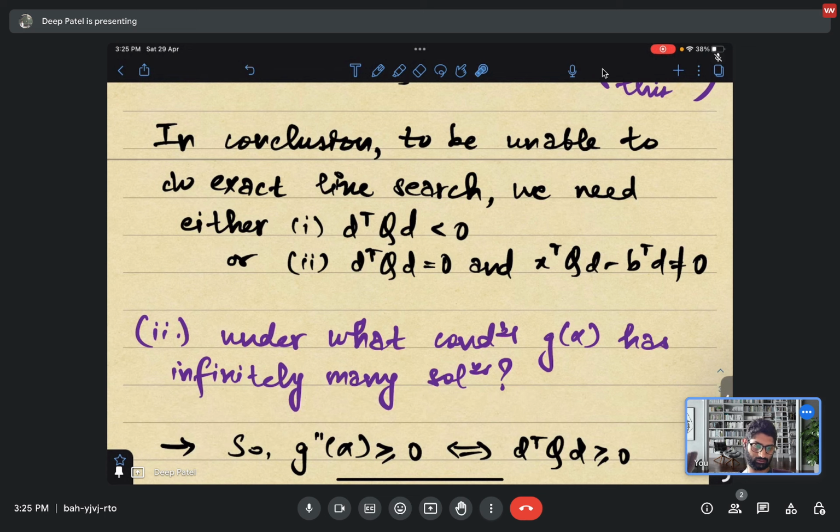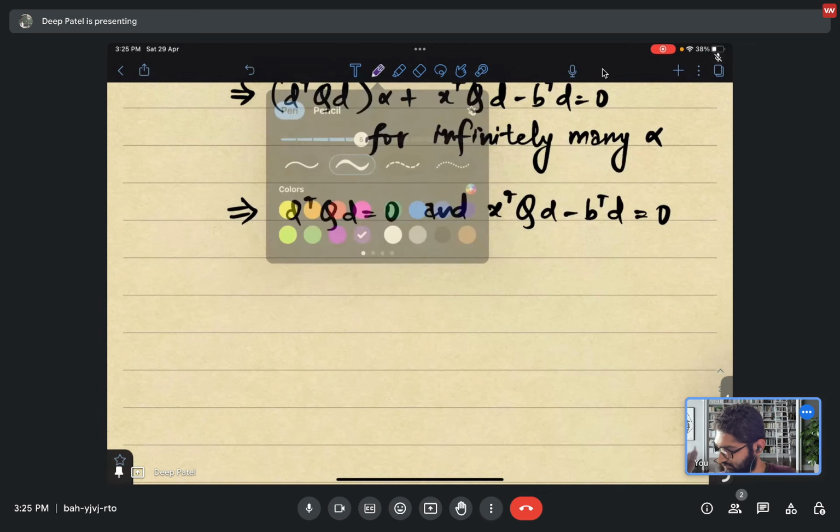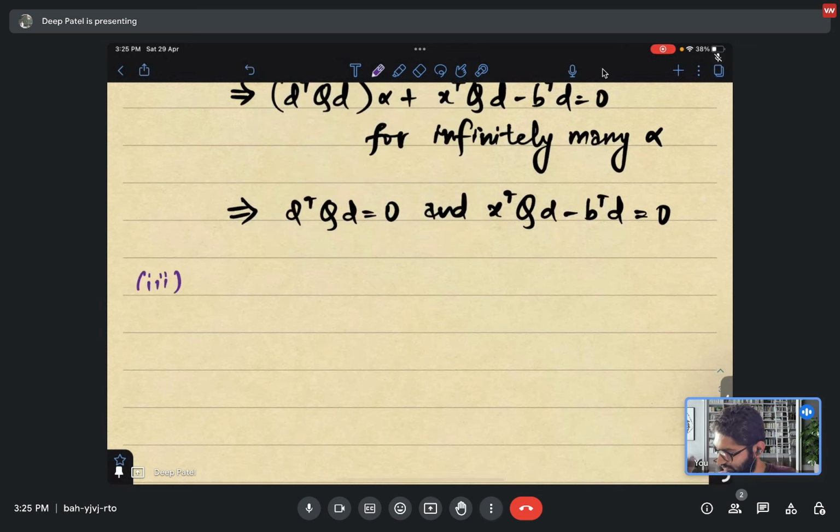It's a slightly complicated situation. It's still the same quadratic objective function. The way we are choosing the direction is a bit more complicated.